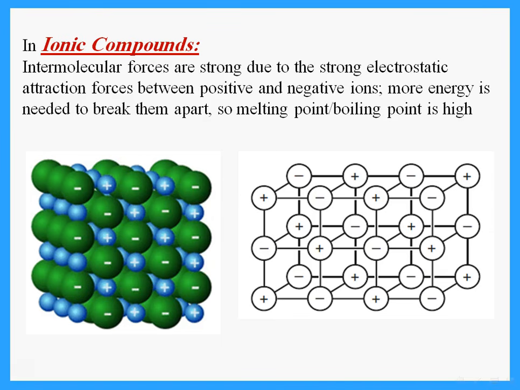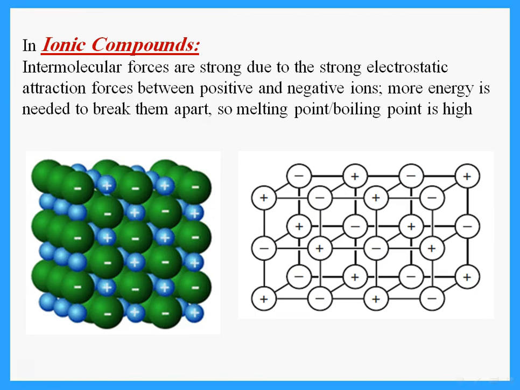Then we can look at what we call giant molecules. An example of a giant molecule is the ionic compounds. We know that ionic compounds, for example, sodium chloride, have strong electrostatic attraction forces between positive and negative ions. Remember, we said that ionic compounds are giant three-dimensional structures with alternating positive and negative ions. So these oppositely charged ions have very strong electrostatic attraction forces between them.